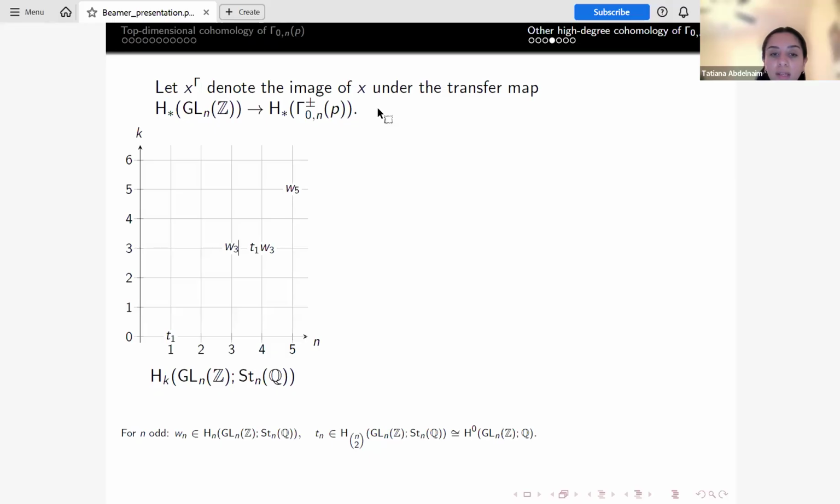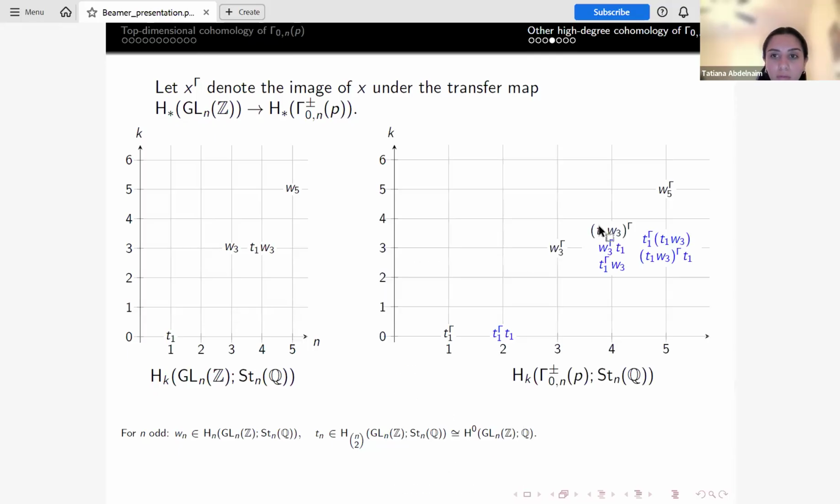But now using the freeness, we get this following diagram for gamma 0 n of p. So T1 gamma is the image of T1 under the transfer map. And now with the freeness, I can multiply T1 gamma with T1 and get a new class in bidegree 2, 0.